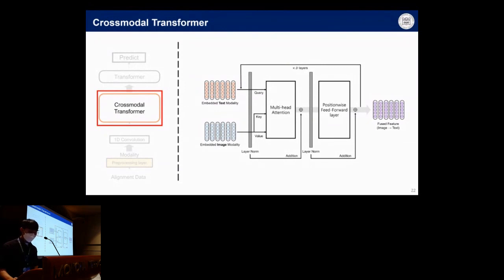Then query, key, and value are calculated using scaled dot products in parallel. We take a skip connection by adding and layer normalization. Next, after passing through position-wise feed-forward layers, the attention of the data is aligned. This process is repeated D times. After that, we get fused features from image to text.